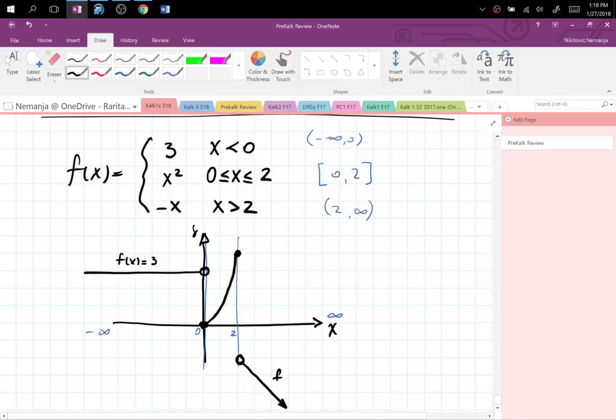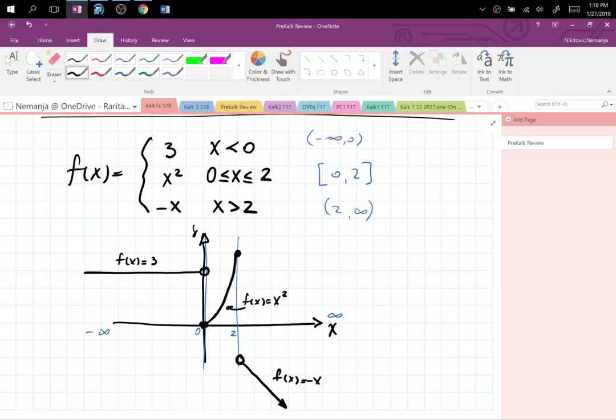And that's the f of x equals negative x piece, and this one over here is the f of x equals x squared piece. So we have three pieces, there are three different functions, constant, quadratic, and linear, right? There they are. And each one lives for that period of, you can say, time in the partition where they are assigned.